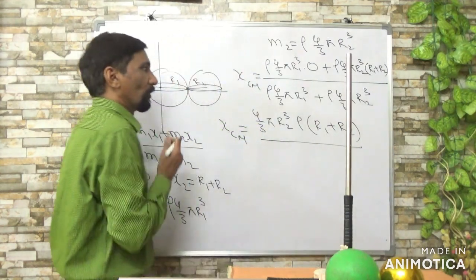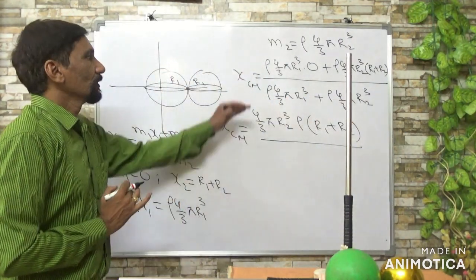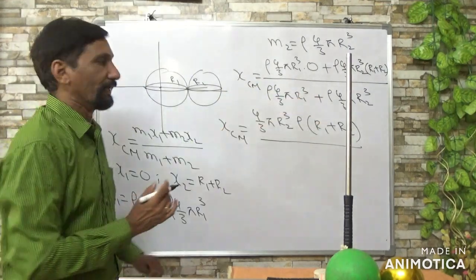by, in the denominator, if you notice, rho 4 by 3 pi is common.